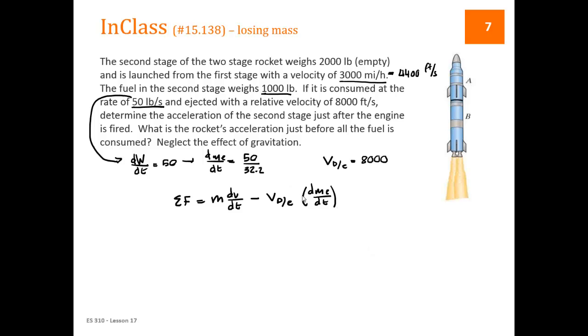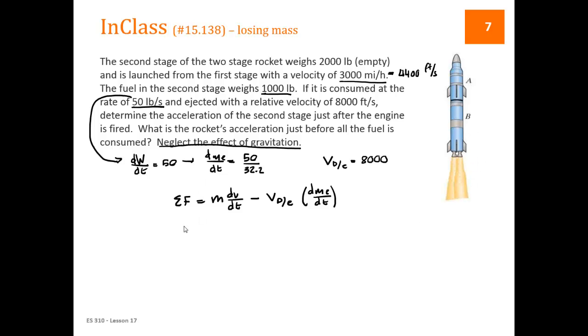We know dm/dt, we know v_de, we know the mass. We're asked to find the acceleration, and notice we get to neglect the weight. The only forces acting on this are internal forces, because the thrust is internal to our system.